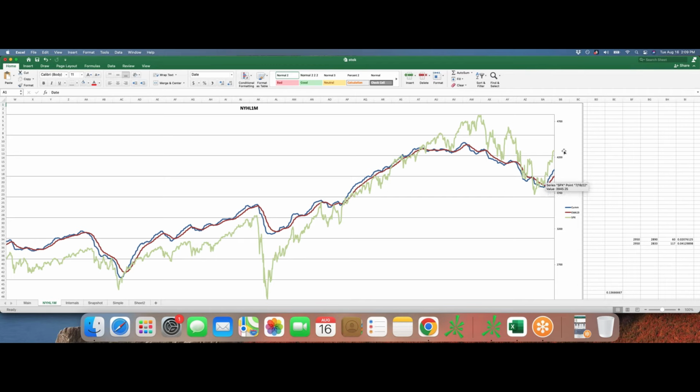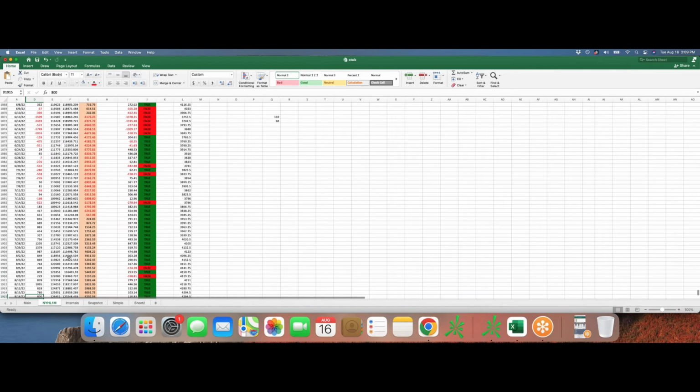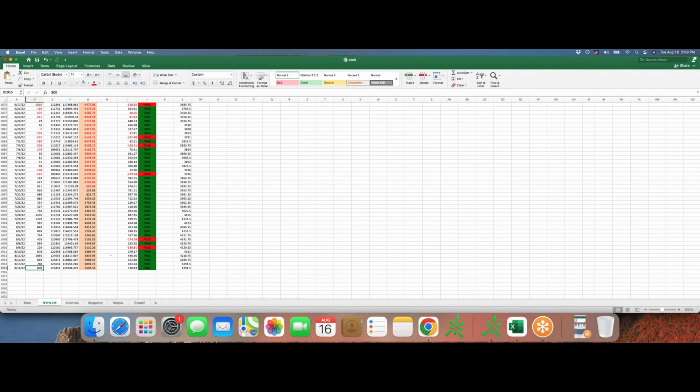It went to a buy back in July, I believe. That's the core, and it's been on a buy ever since. Okay, so that is the Nile 1M core, and based on the day-to-day value, we derive what I call the micro one indicator. That is basically the delta change of the cumulative from day to day.